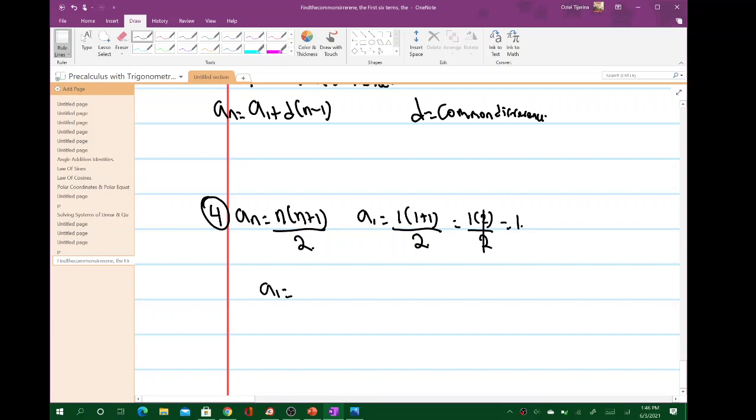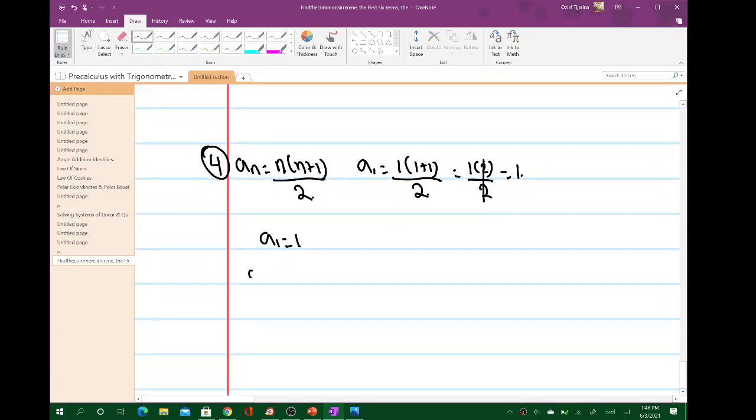So a sub 1 equals 1. Then a sub 2 is equal to 2 times 2 plus 1 over 2. The 2s cancel out, so this is equal to 2 plus 1, which is 3. So a sub 2 equals 3, right?